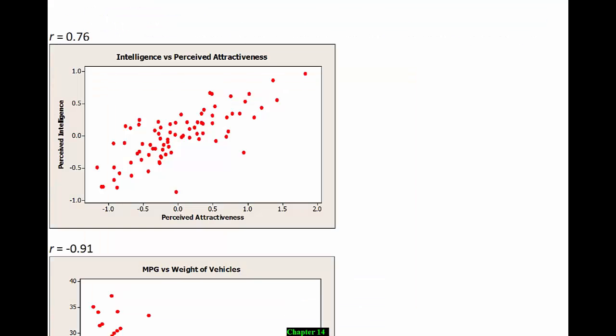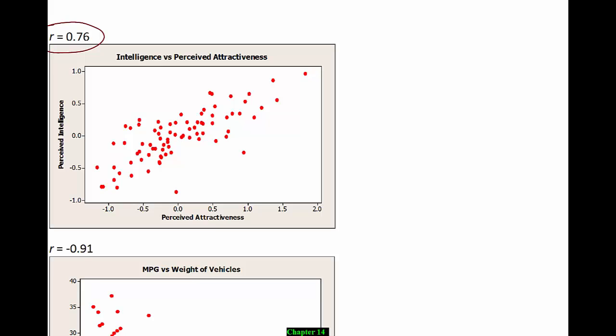The scatter plot shown on the top that plots perceived attractiveness against perceived intelligence also came from the StatCrunch data repository. Notice that the r is 0.76. The positive number lets us know that if we were to fit the best line, it would have an uphill trend. It's a positive association.